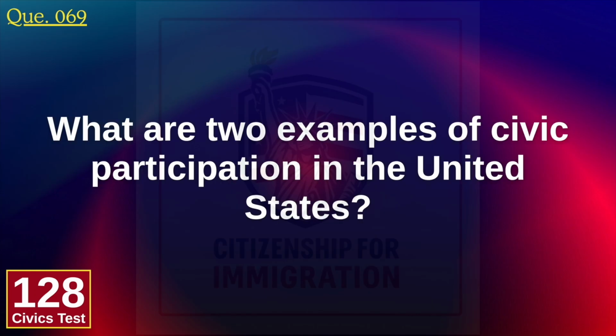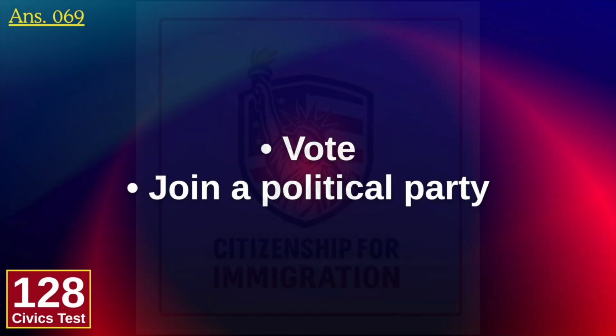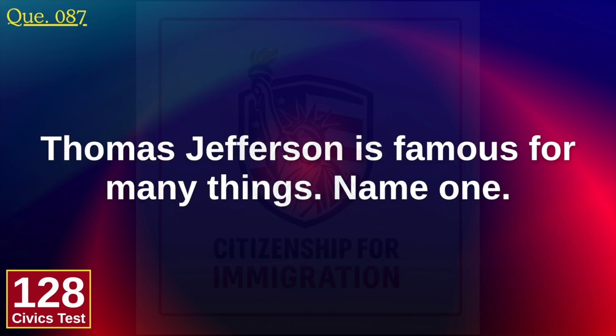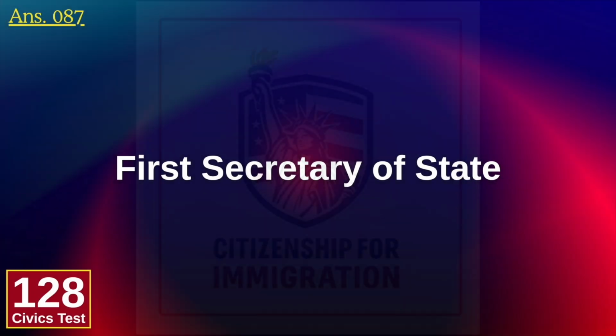What are 2 examples of civic participation in the United States? Vote. Join a political party. Thomas Jefferson is famous for many things. Name one. First Secretary of State.